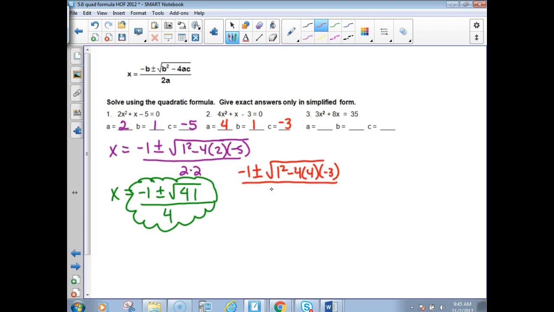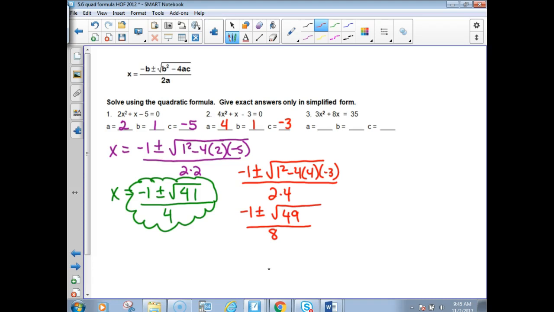The denominator is 2 times 4. Evaluate what's underneath the radical. 1 squared minus, that's 16 times 3, 48, would be plus 48. So we're getting 49 on there. And on the bottom, we're getting 2 times 4, which is 8.